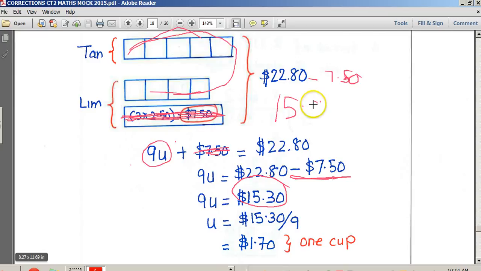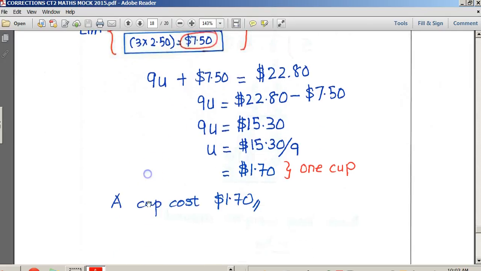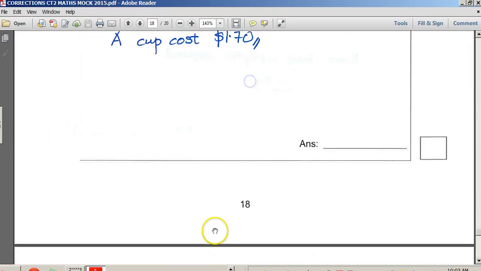Right, this should be 30. So 1530 is equal to 9U. 9U is 1530, so 1U is 1530 divided by 9. So to find 1 cup, it is $1.70. Right, let's move on.